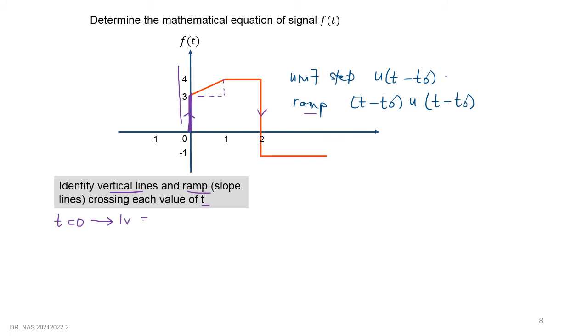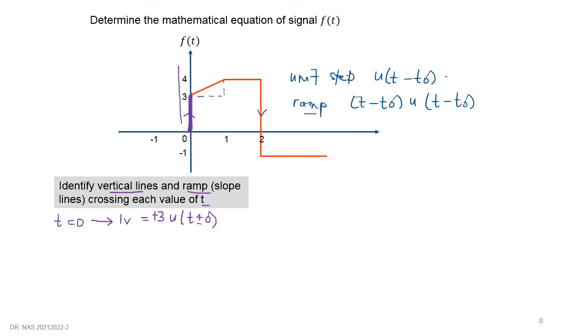So what's the equation? Remember from the earlier example, the amplitude here is 3 u(t plus minus 0), u(t minus t naught). In this case, your t naught is 0, so plus minus 0. How about the sign? Is it positive or negative? Since the direction is going upward, it's positive.